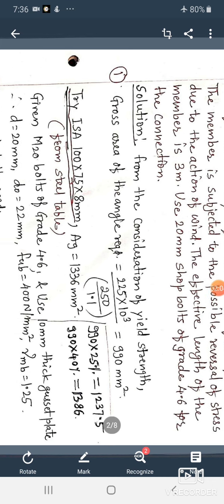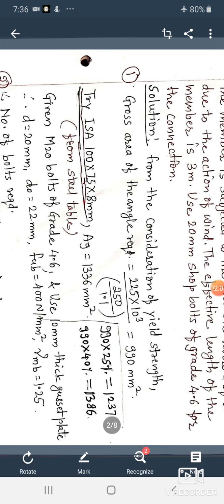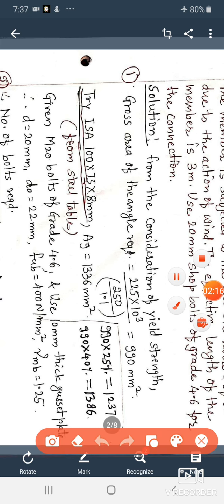Refer to the steel table and select the section which has the area in the range of 1237 mm square and 1386 mm square. It is not part of the solution but just for guideline.